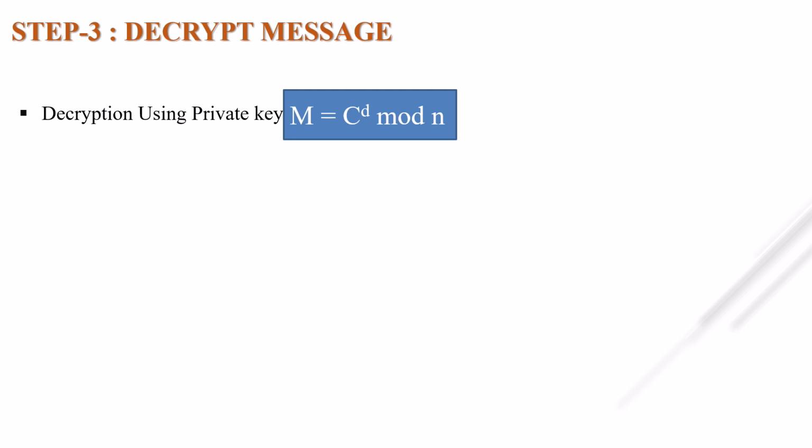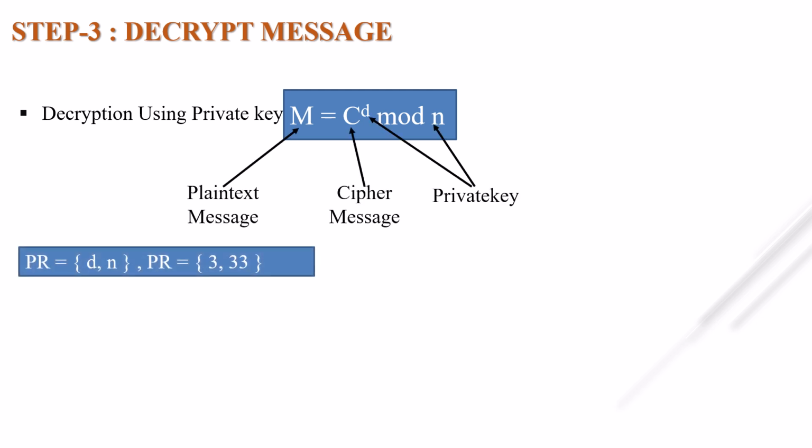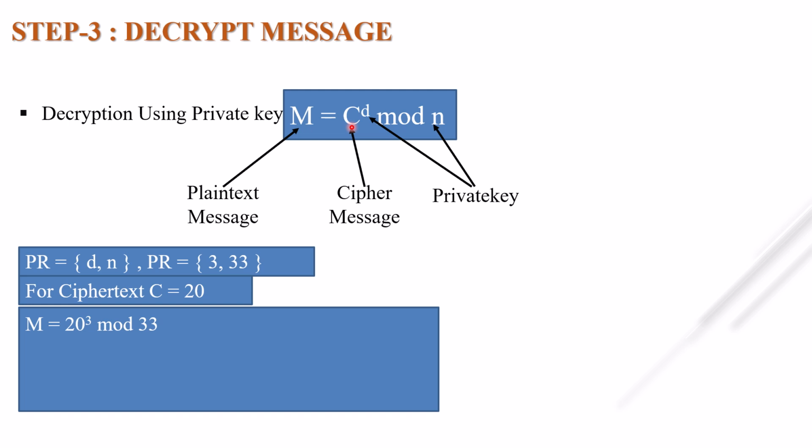So d and n is a private key of receiver. Okay, so what is our d? We already have d is equal to 3 and n is equal to 33. So the value of c we already got, that is 20. So for getting the original message, m is equal to 20 raised to 3 mod 33.